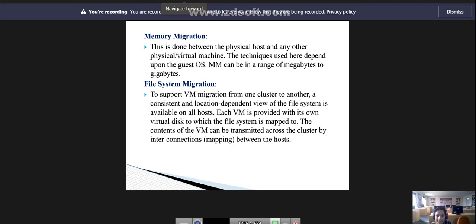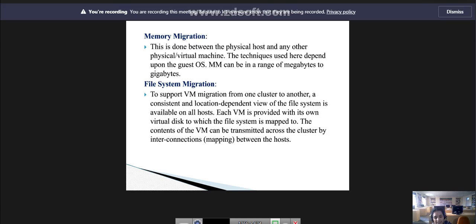Next, coming to memory migration. What is meant by memory migration? When one of the systems migrates to another physical node, we should consider the following issues. Memory migration can be in the range of hundreds of megabytes to a few gigabytes in a typical system today, and it needs to be done in an efficient manner.